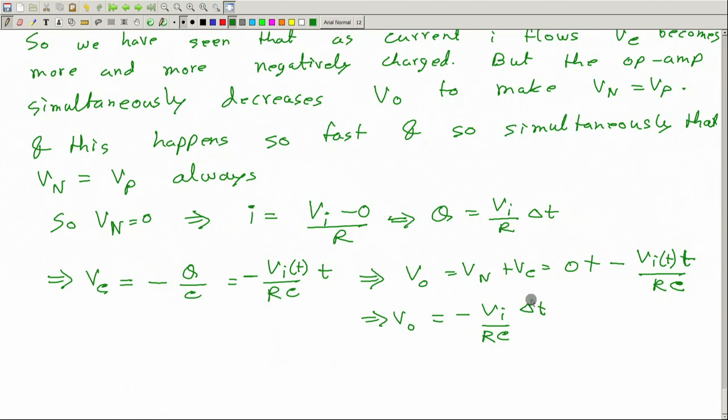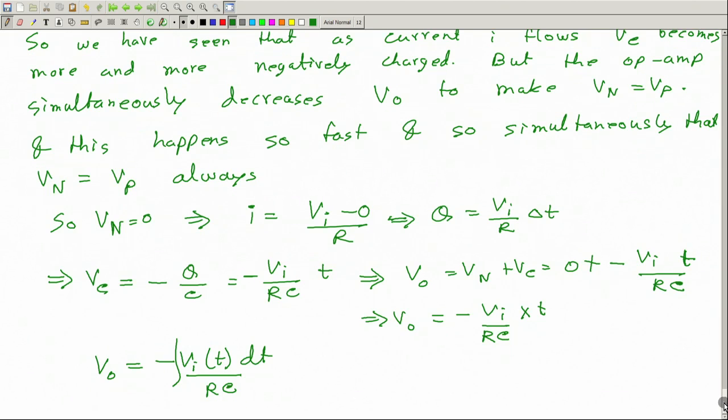Okay, but if I write this, then I have to do the integration. So I write like this: Vi, where Vi is constant, multiplied by this. And if you just think a bit more, you will immediately realize that Vo is nothing but Vi integrated over time divided by RC, even if Vi is changing with time. Okay, this analysis will follow.